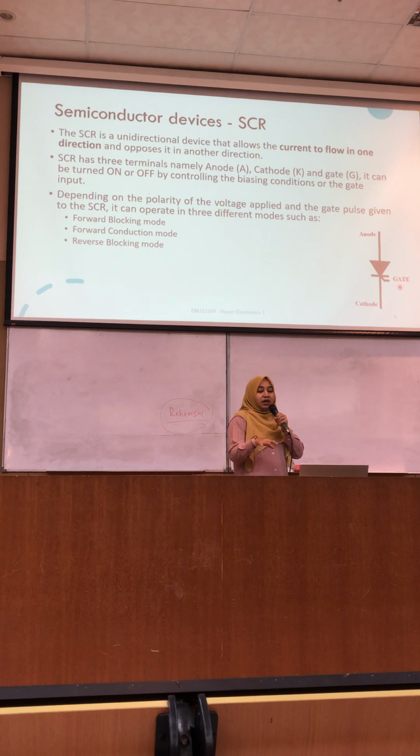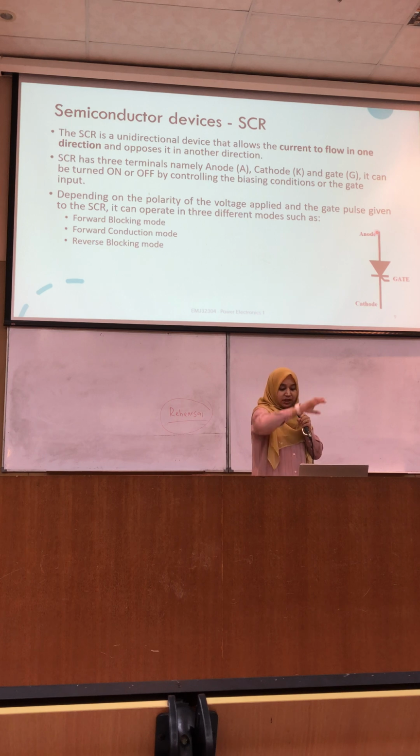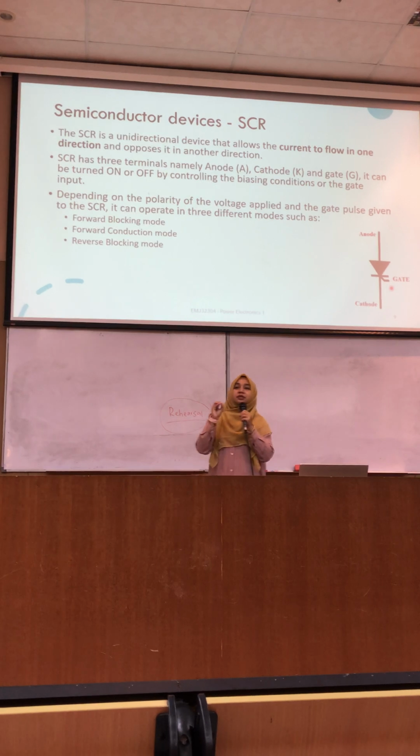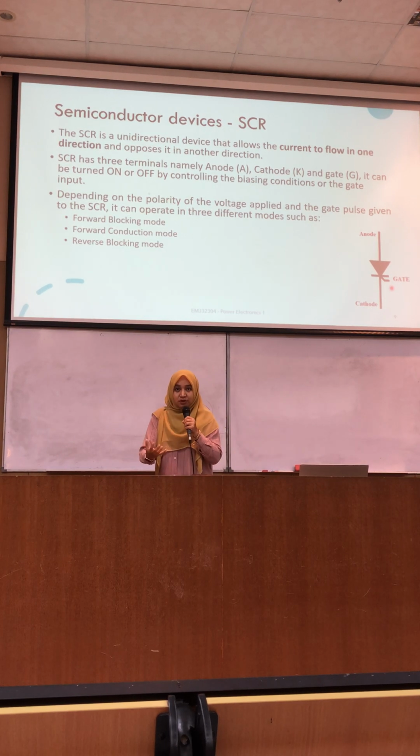The anode will be connected to your positive terminal, which is your supply, and your cathode will be connected to your load. The gate terminal here will be connected to a gate drive. This gate terminal needs a signal in order for this SCR to be on.